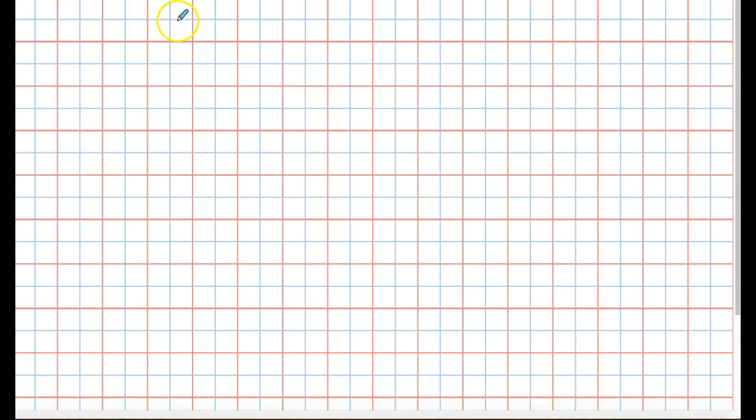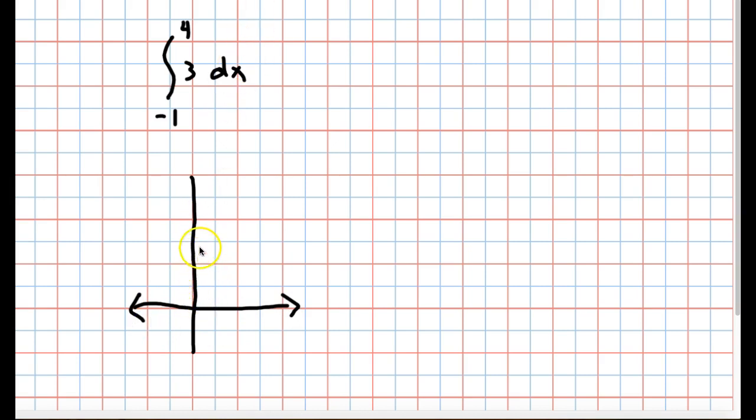How about you guys try the area under the curve from -1 to 4 of 3 dx. If we graph this, our function is at 3.